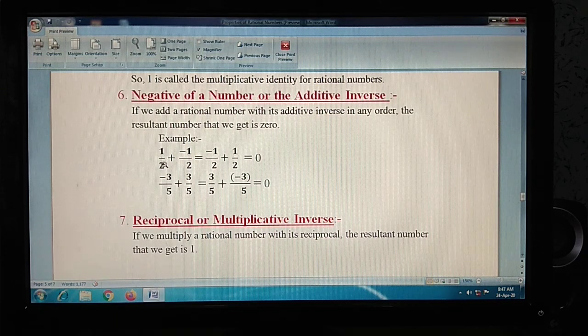Say this is a rational number, half, its additive inverse will be minus half. So whenever we add a rational number with its additive inverse in any order, the resultant number will be 0.